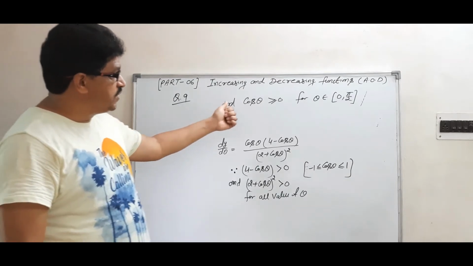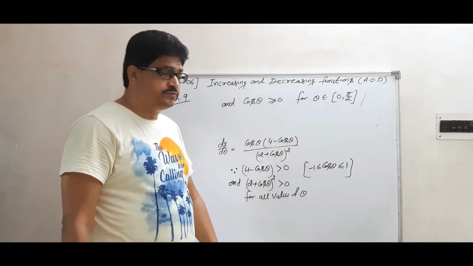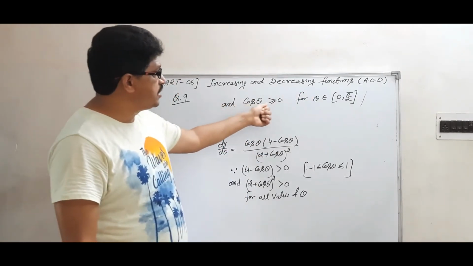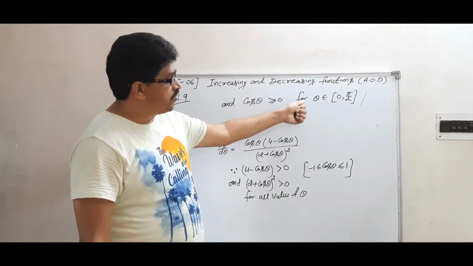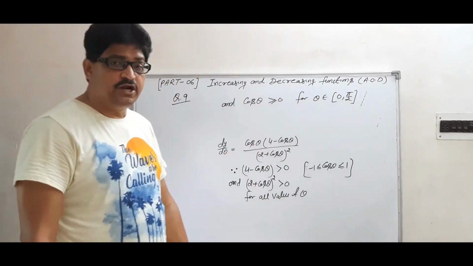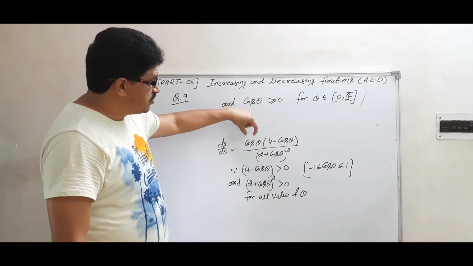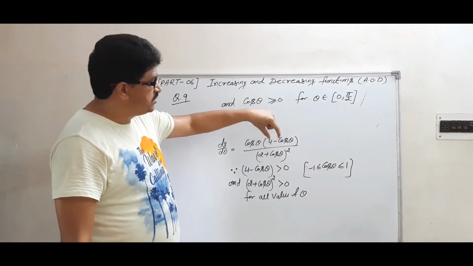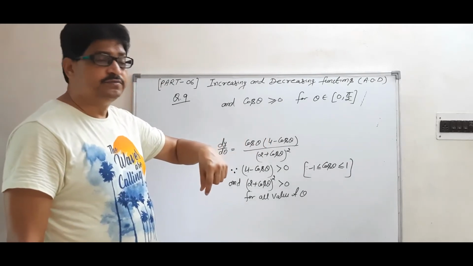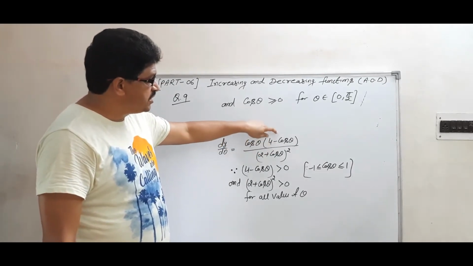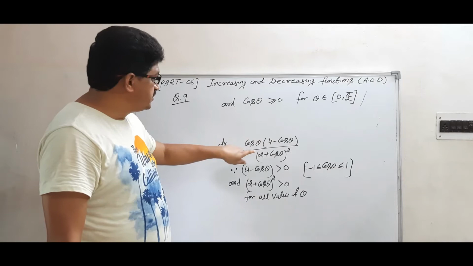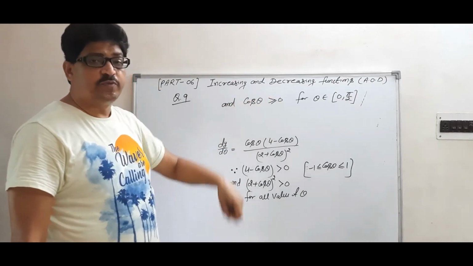At 0 it is 1, at pi by 2 it is 0. So cos theta is also greater than or equal to 0 for all theta belonging to 0 to pi by 2. So by combining these three, we can say cos theta into 4 minus cos theta upon 2 plus cos theta whole square is greater than 0 for 0 to pi by 2.